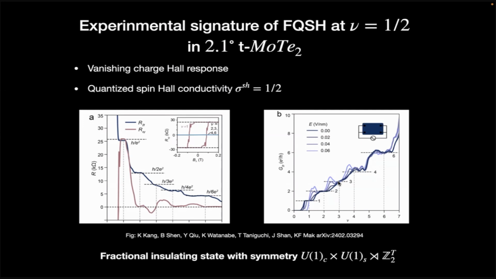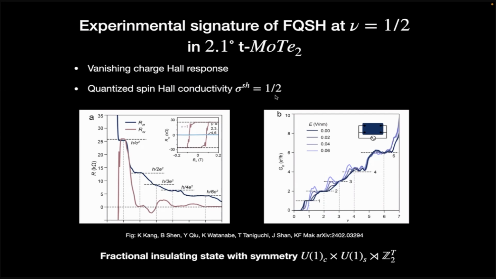Oh, okay. 3/2. There's no 2/3. 3/2. So the plateau here has two-terminal conductance 3. I see. Which means the spin Hall conductivity is 3/2. But the fractional part is 1/2. So we're only focusing on the fractional part.